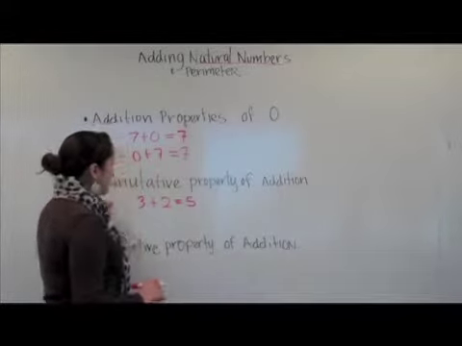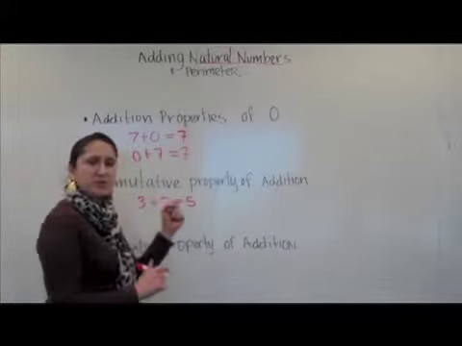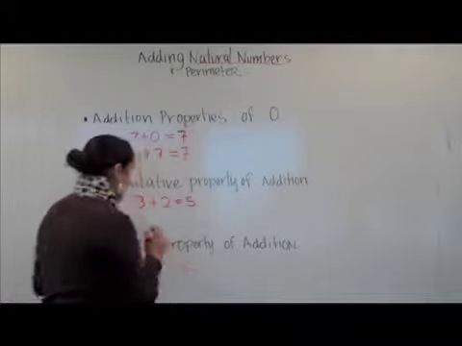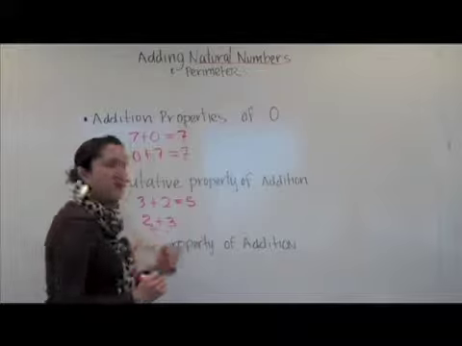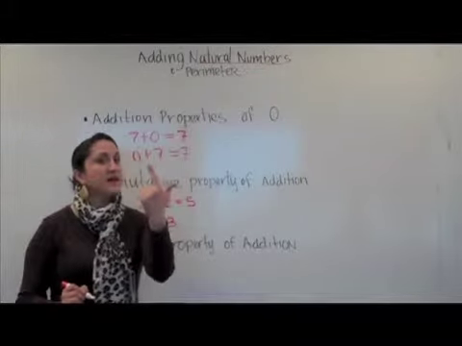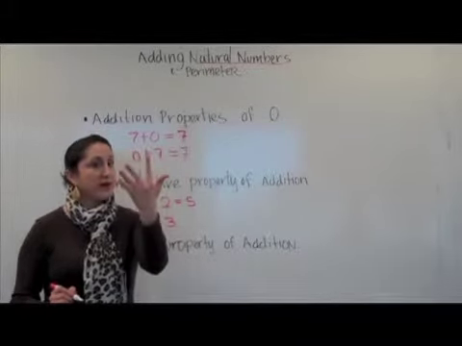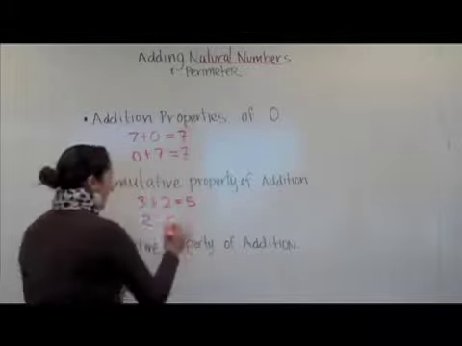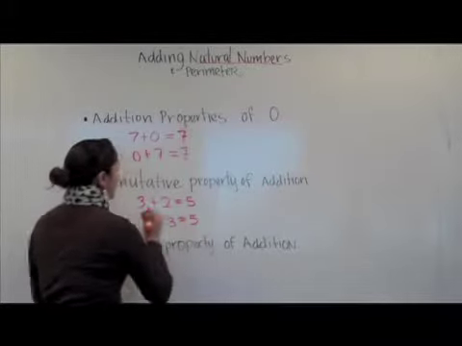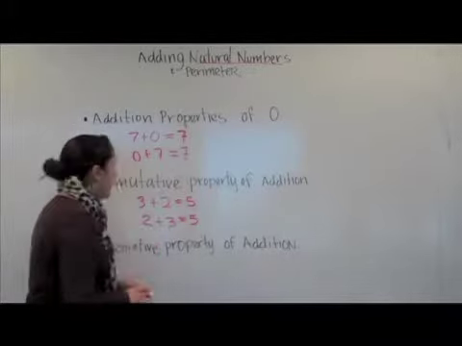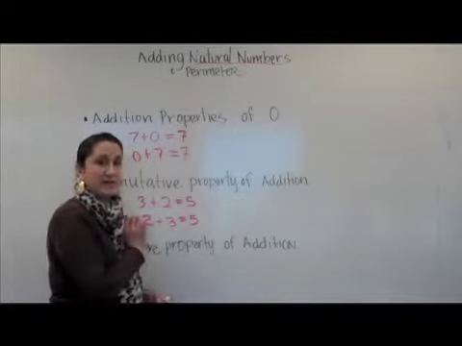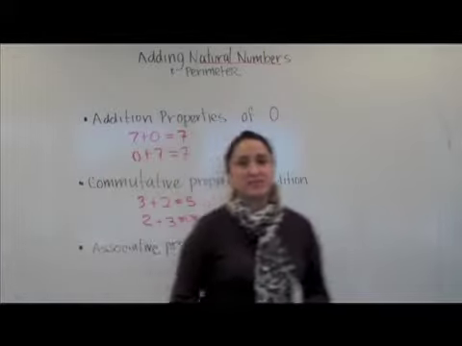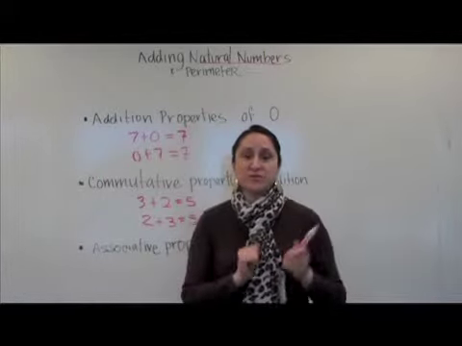Now, the commutative property says, what happens if you do 2 plus 3? You're going to start out with 2 fingers, and you're going to add 1, 2, 3 more. So we still have 5. The commutative property of addition says that if you have 3 plus 2 or 2 plus 3, it's still going to be the same answer. So it doesn't matter which number comes first.